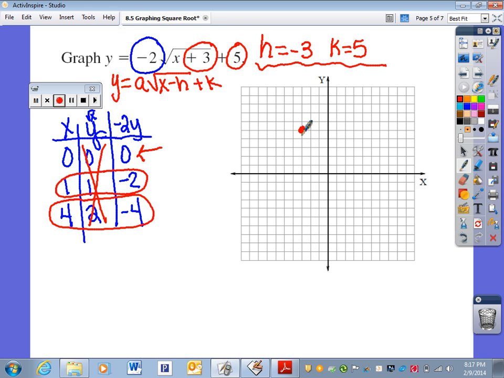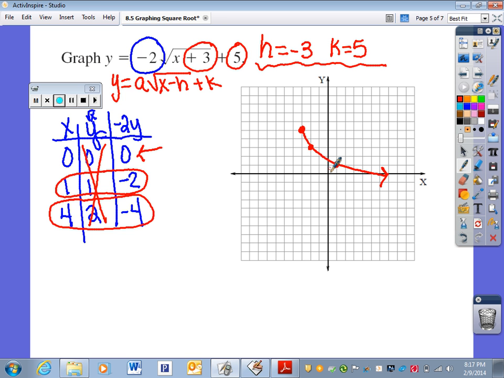So from this point, we're going to move 1 to the right and 2 down. And again, back to our original point, we're going to go 4 to the right and 4 down. And then we'll draw that in. And you can see what has happened is that it has stretched and also it has reflected.